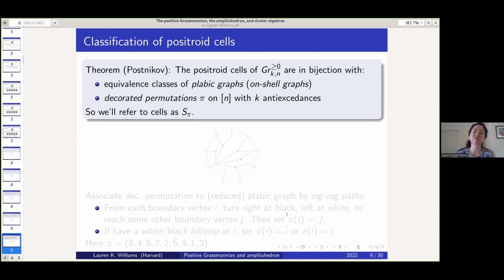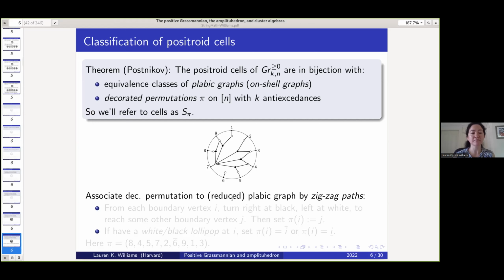And so we can refer to cells as S pi, where pi is the permutation. And I'll just explain briefly how we can read off a permutation from one of these bipartite graphs. And it's a very easy sort of combinatorial game that goes through zigzag paths.